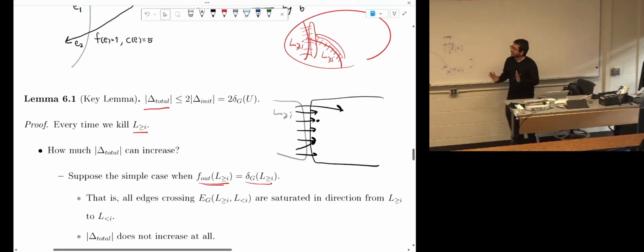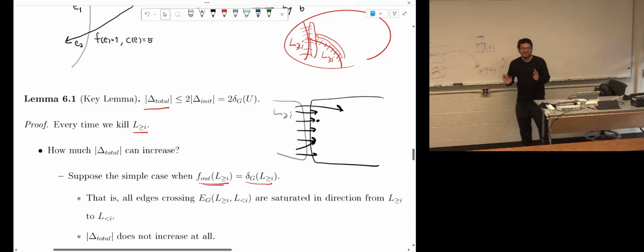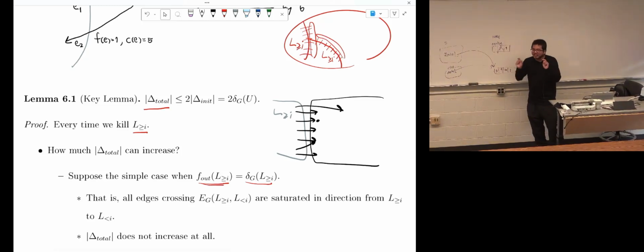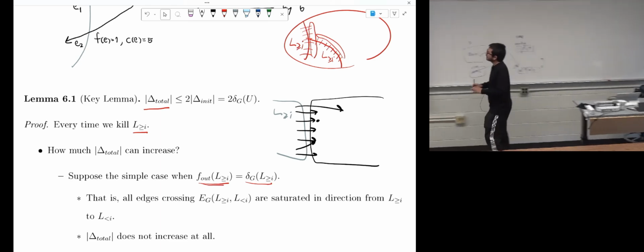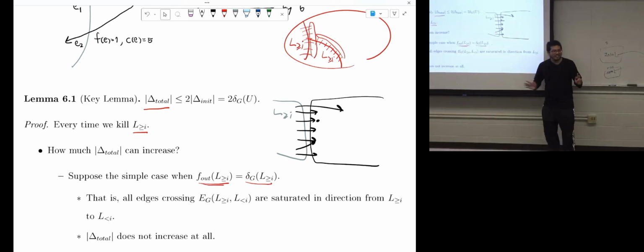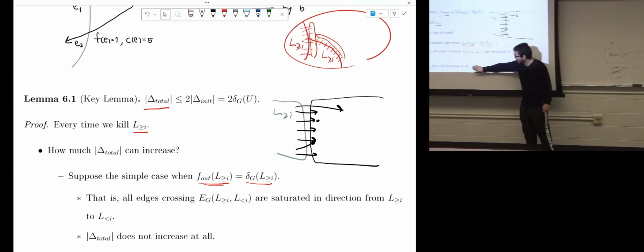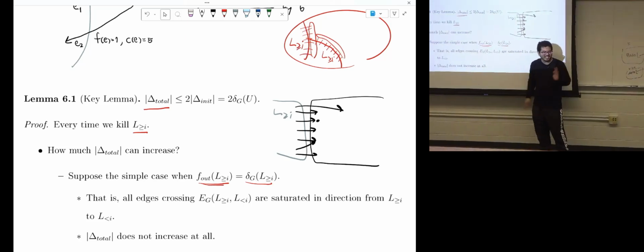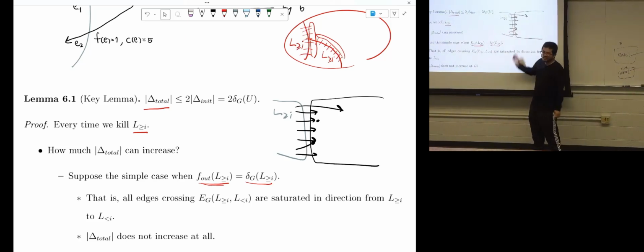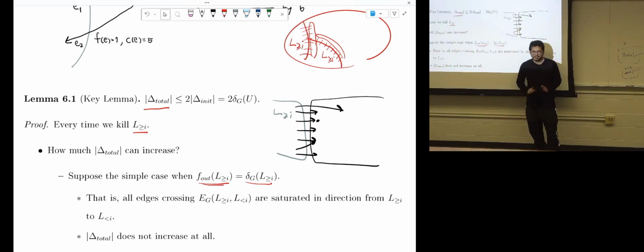Then you see that in this case, we don't need to add any new mass. It would not increase at all. Do you see this? I need to stress here, this is just important. Any question about this? Is the concept clear or not really?